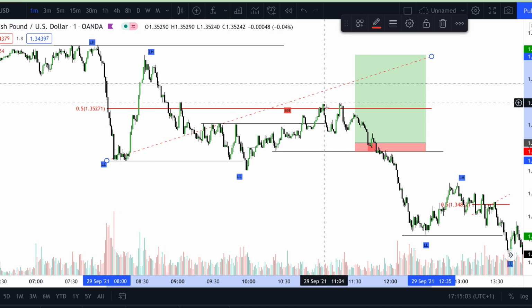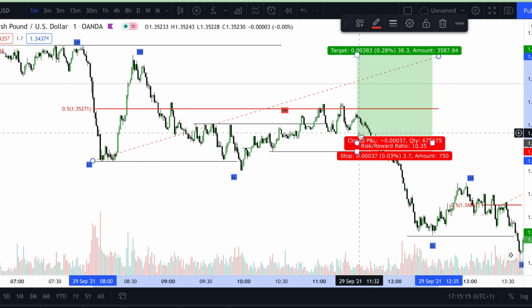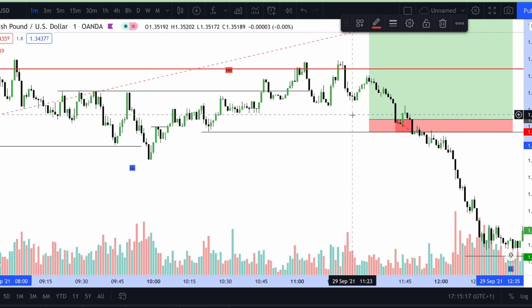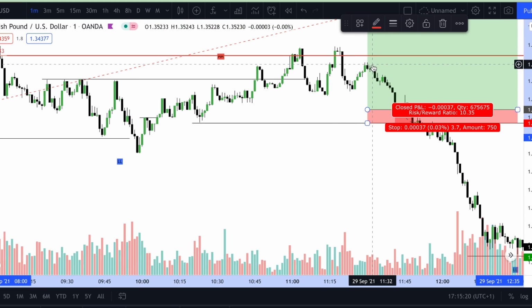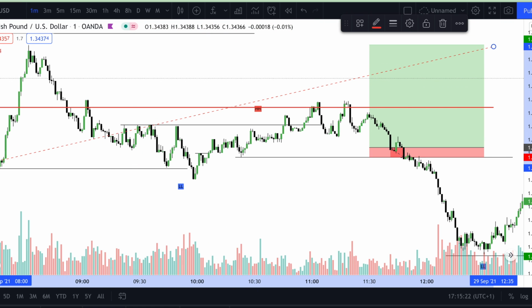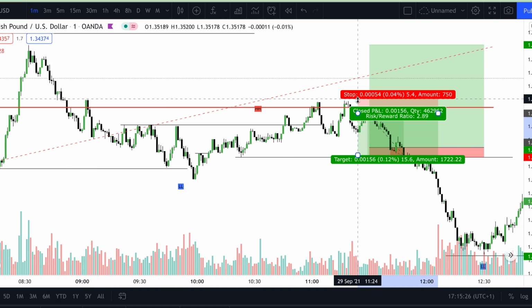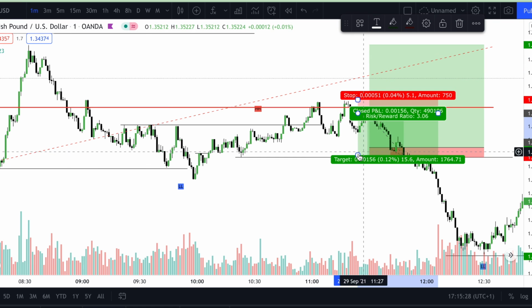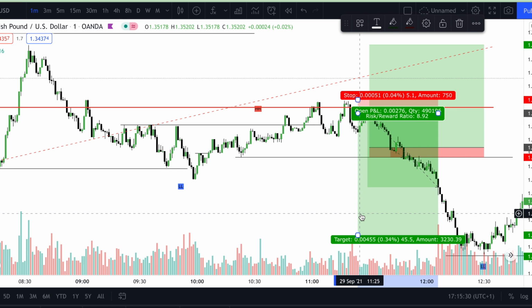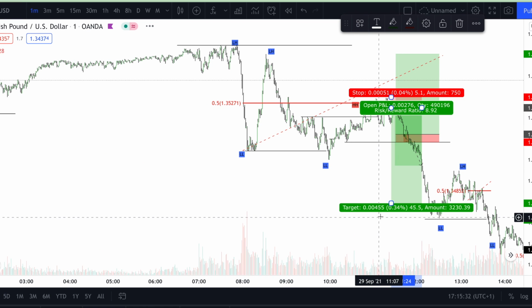What price does, it already rejects it the first time, comes here again, grabs a small bit of liquidity from the top and then pushes to the downside. This is the area we should be looking for shorts, realistically, on a lower distribution here. Should be looking for something like this here, stop loss around here, and then running this all the way down.